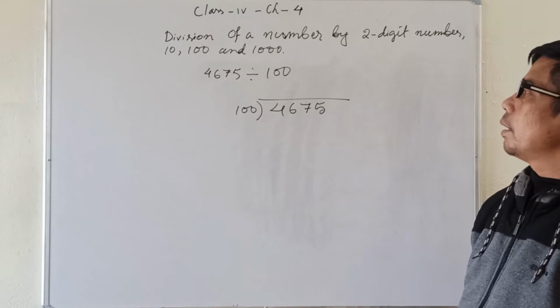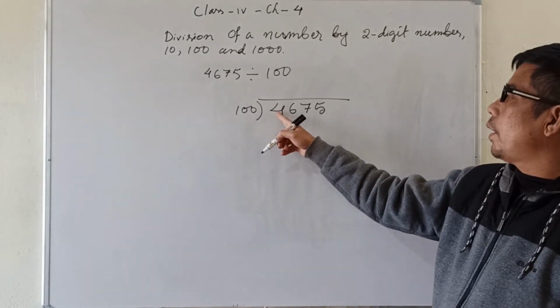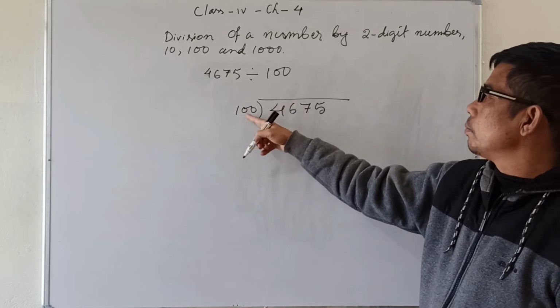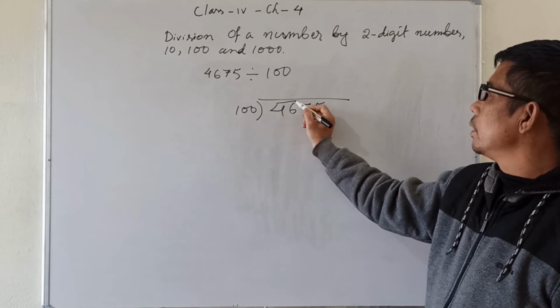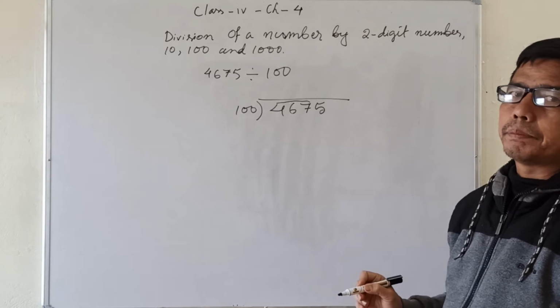It is division of a number by 100. If we take the first digit it is smaller than this, and the first two digits together are also smaller than this, so we have to take the 3 digits. It is 467.